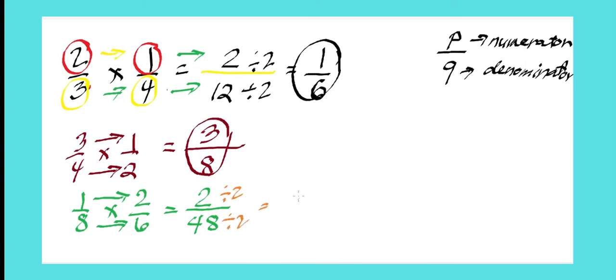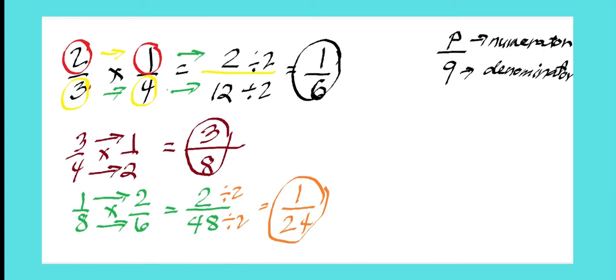So 2 divided by 2 will give you 1, and 48 divided by 2 will give you 24. So 1 over 24 is the final answer in this question. Do you get it? Are you following?